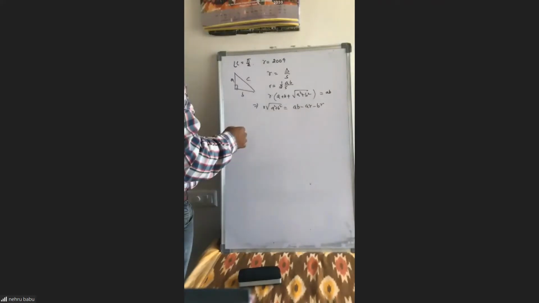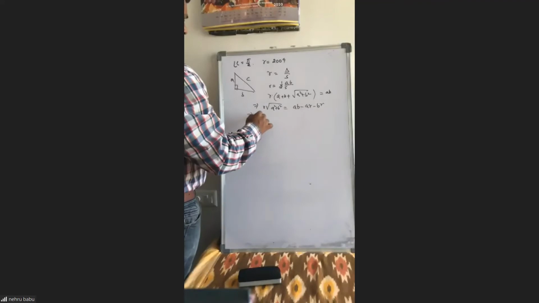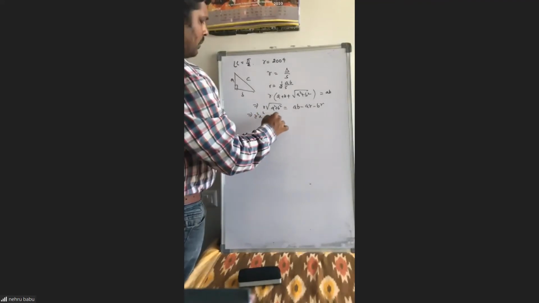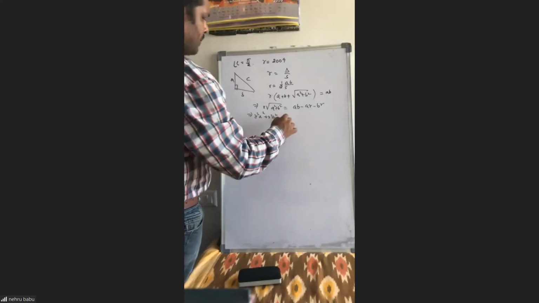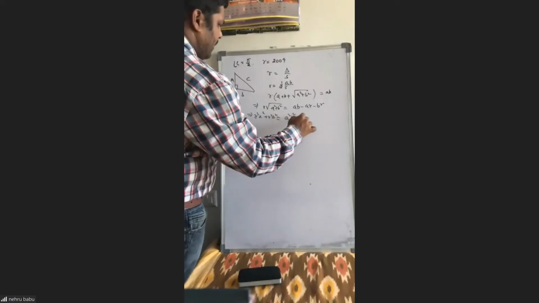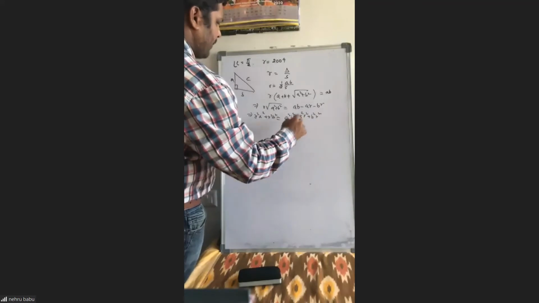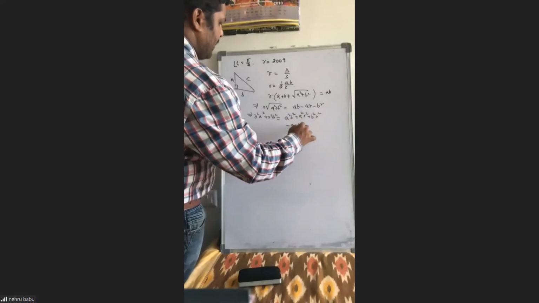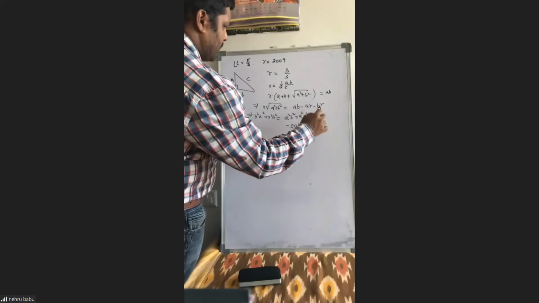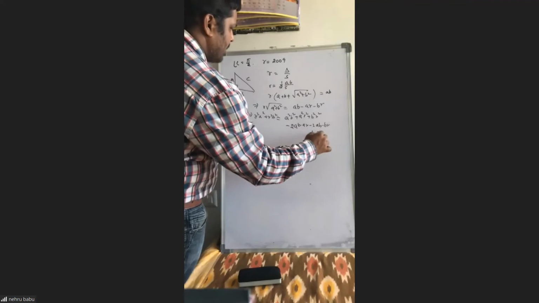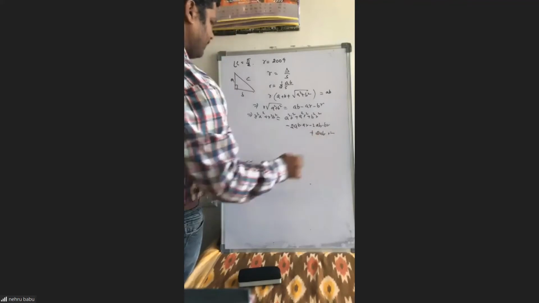We can square both sides, sir. If you square both sides, r square a square plus r square b square equals a square b square plus a square r square plus b square r square minus 2ab into ar minus 2ab into br plus 2ab r square.